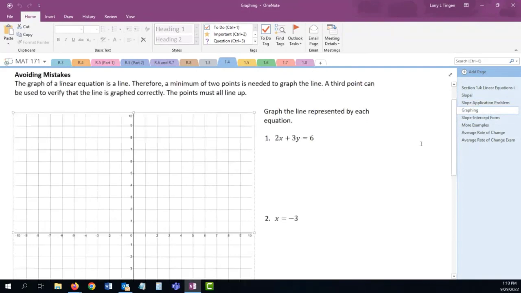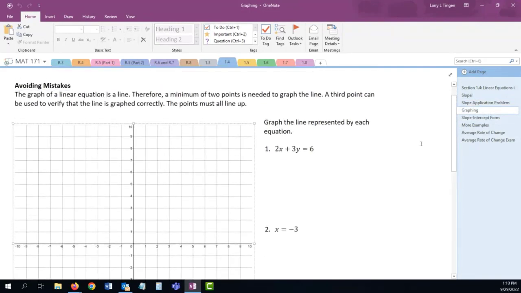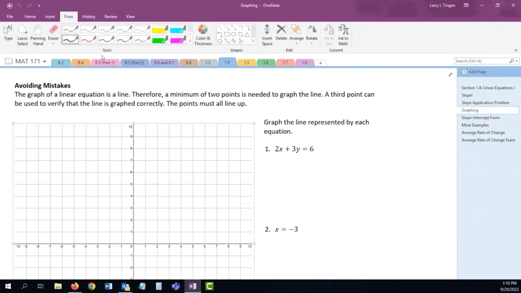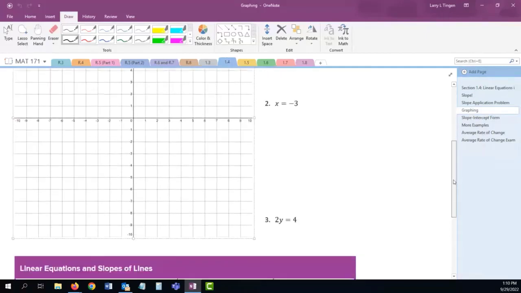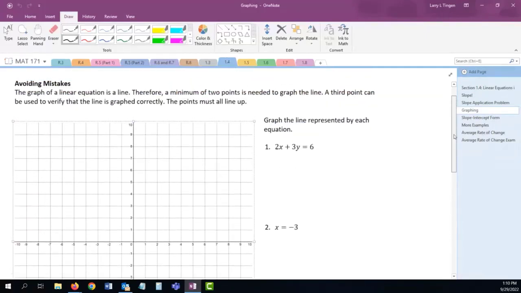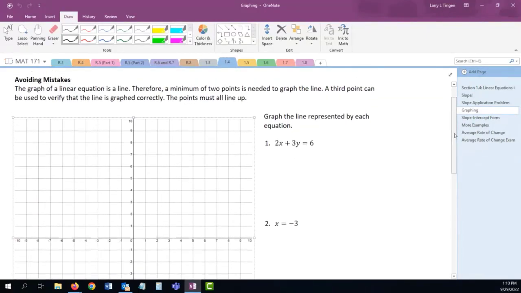So now we're going to take this over to graphing. All right, let's make sure everything's working. Yes. So we have 3 lines here. We're going to graph them all on this plot. The first one is 2x plus 3y equals 6. Next one is x equals -3.